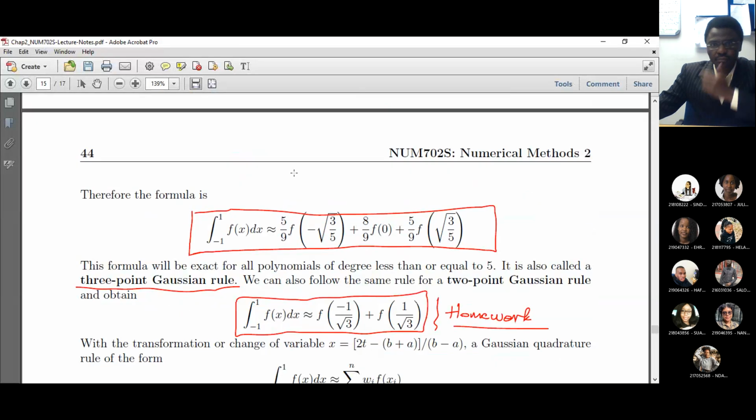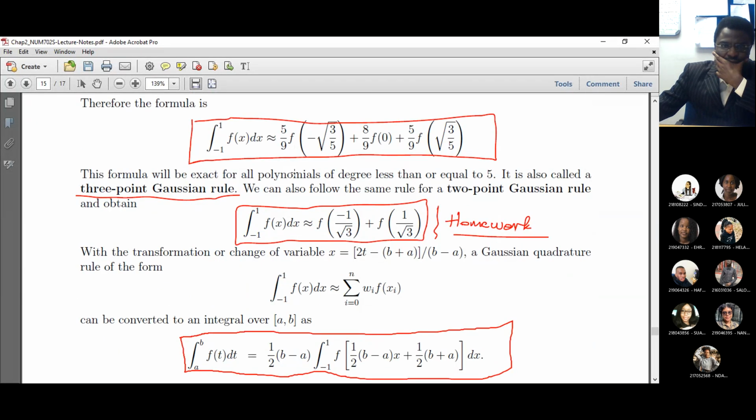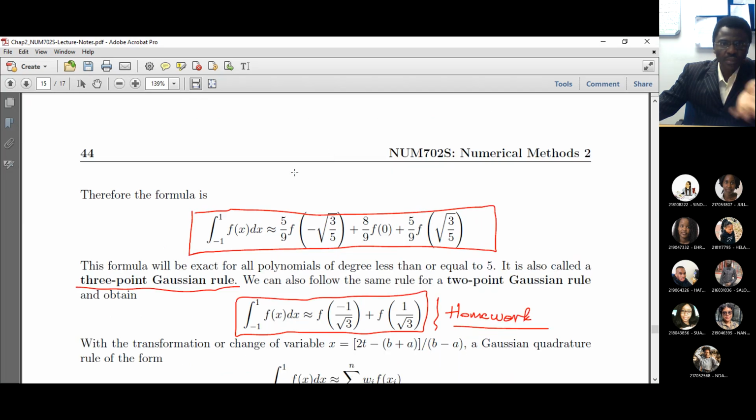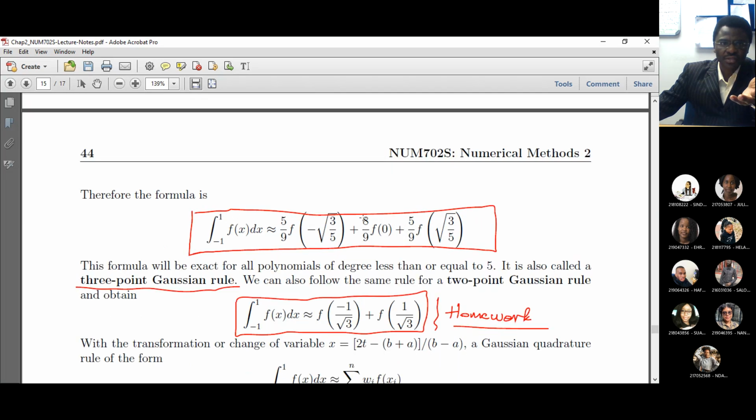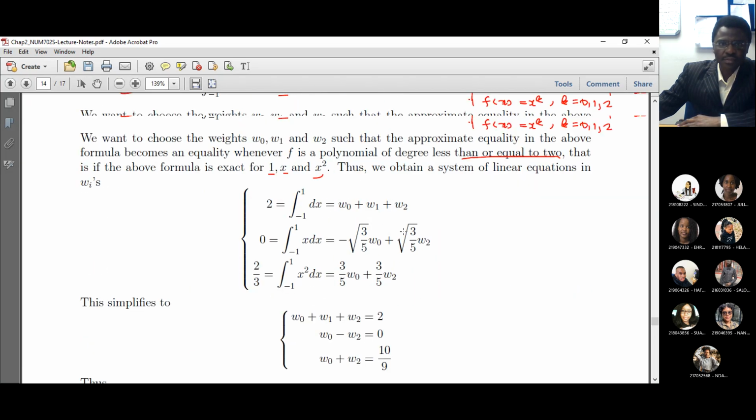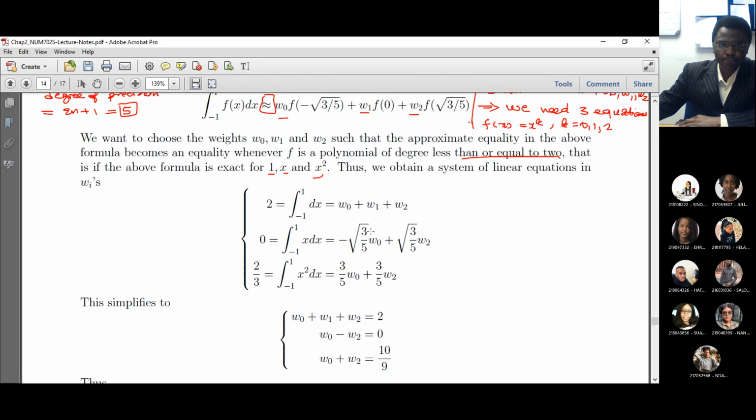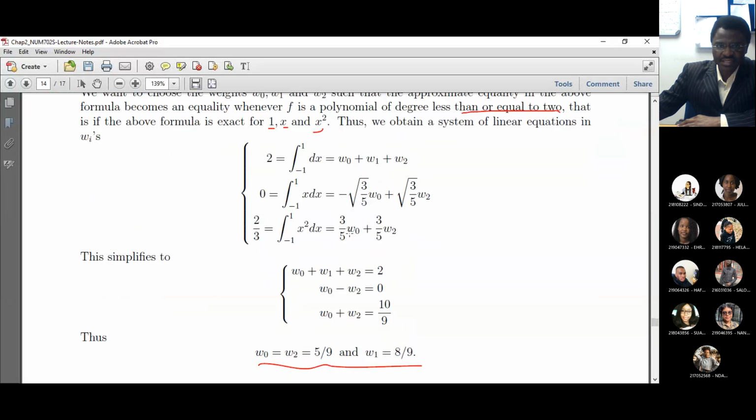we did last time. We also derived the three-point quadrature rule. We used the method of undetermined coefficients to find the weights. So we did this in detail last time.